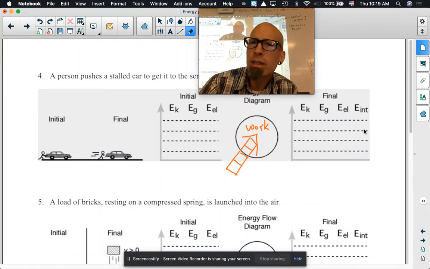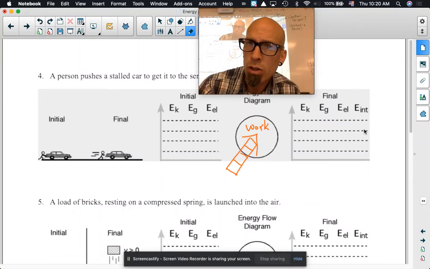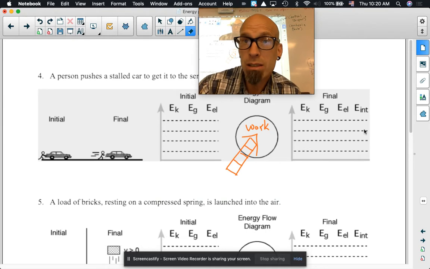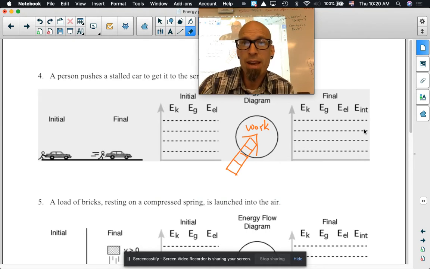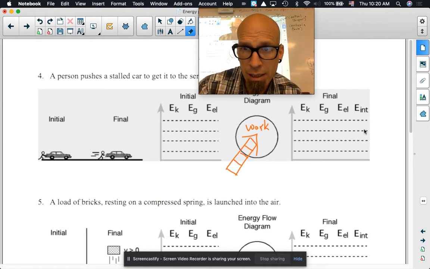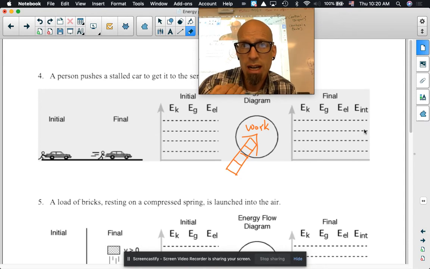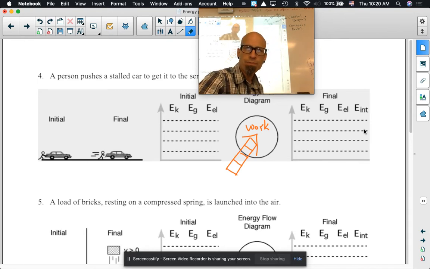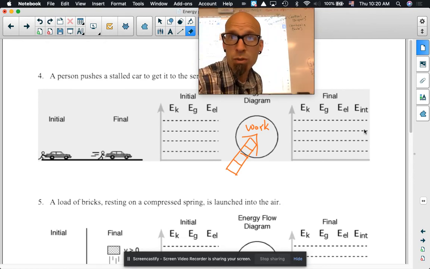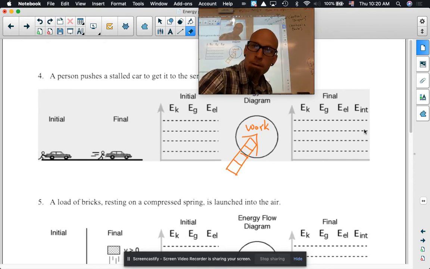I usually only use internal unless there's obviously something missing. If energy is obviously missing, then you have to explain it by saying, hey, there's been some internal energy here, where the particles themselves have taken some of the energy by their own movement and jostling through things like friction, which is thermal production.